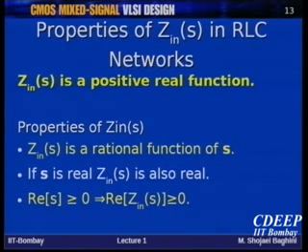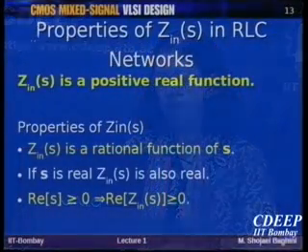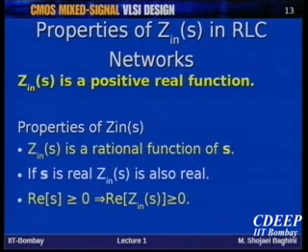So what do we mean by positive real function? It means that, first, Zin is a rational function of S. If S is real, Zin is also real. If the real part of S is greater than or equal to 0, the real part of Zin(S) also is greater than or equal to 0. These properties are useful because then we can use them to realize Zin.